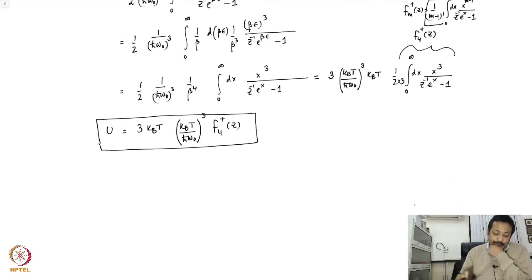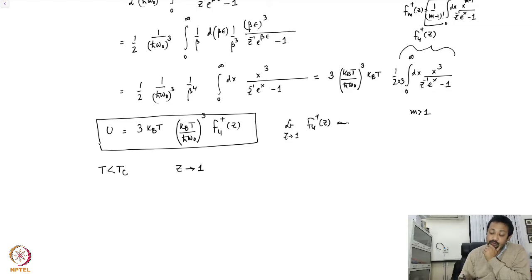Now the idea is, for T less than Tc, I know z goes to 1. Therefore my f4 plus of z, since m is greater than 1, as z tends to 1, this function value goes to zeta of 4.